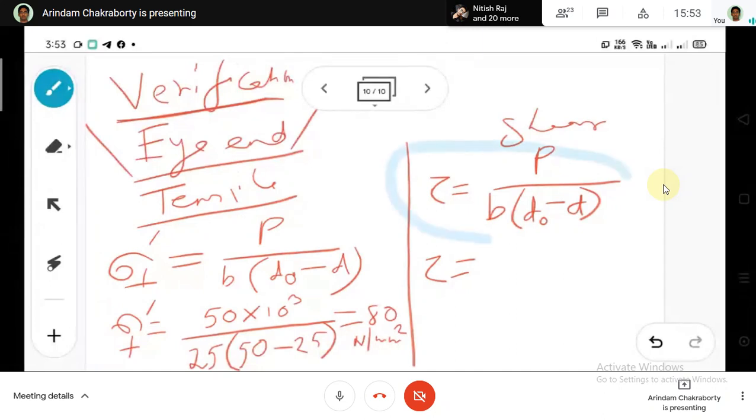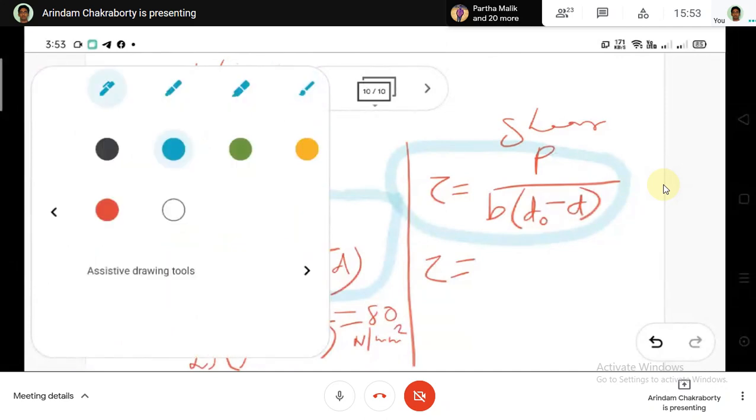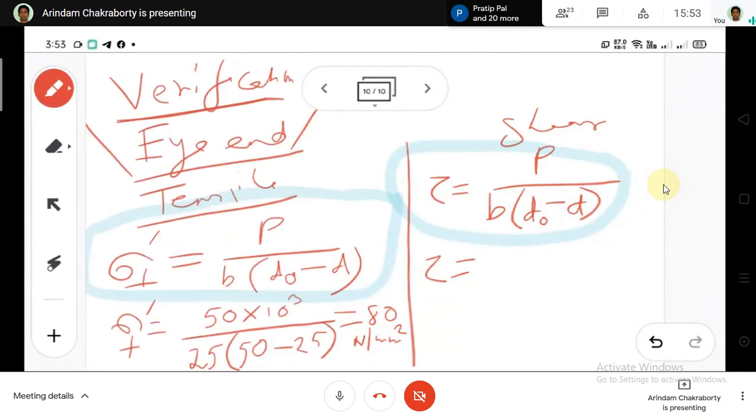This formula and this formula are nothing but the same thing. So tau dash is also equal to 80 Newton per millimeter square.